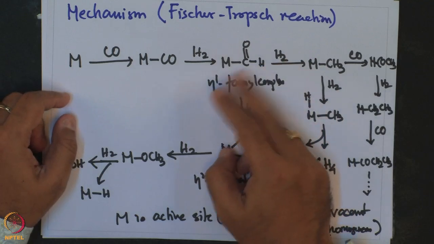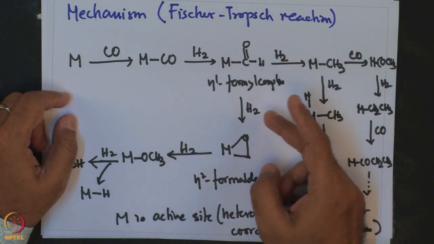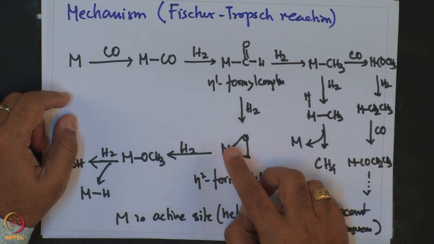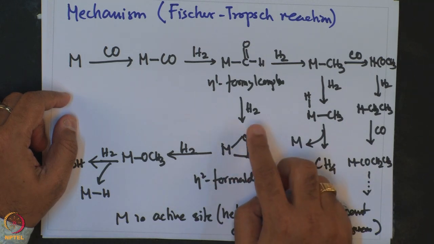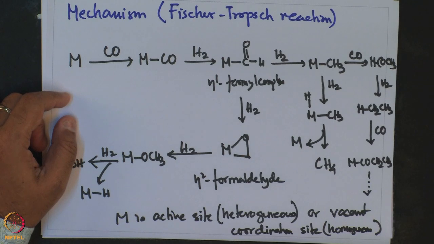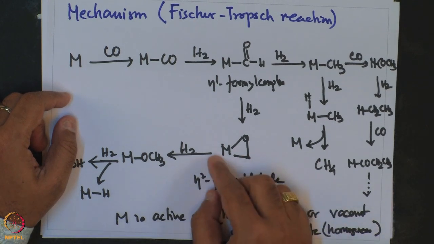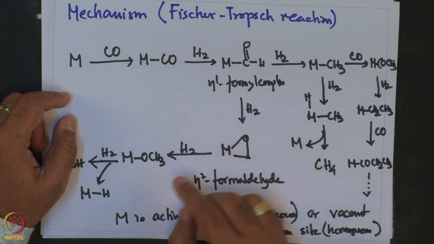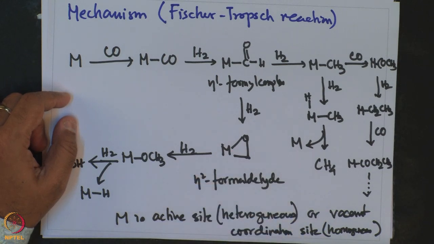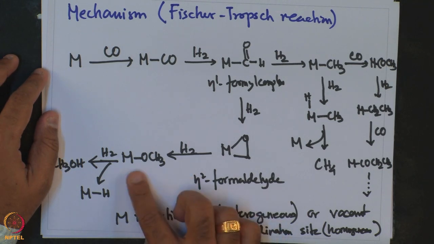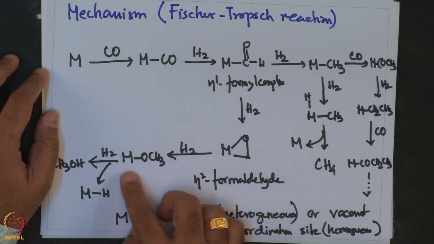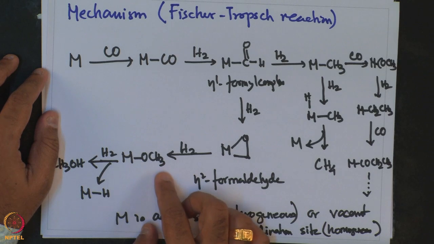Now, this complex then reacts with hydrogen to give CH2O, which is nothing but an eta 2 formaldehyde complex, and that upon reaction with hydrogen gives a metal methoxy complex.